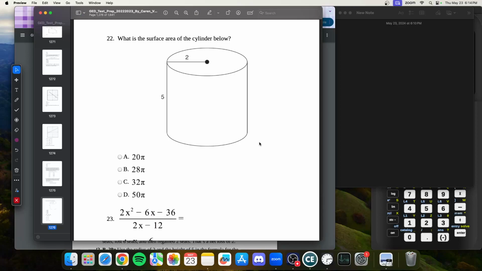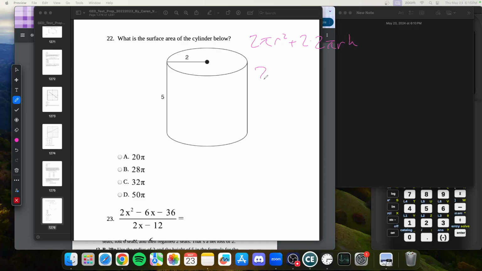Okay. Do you guys know the surface area of a cylinder? Surface area of a cylinder is 2 times pi r squared plus 2 pi r h. So I guess you could write it as 2 pi r squared plus 4 pi r h.